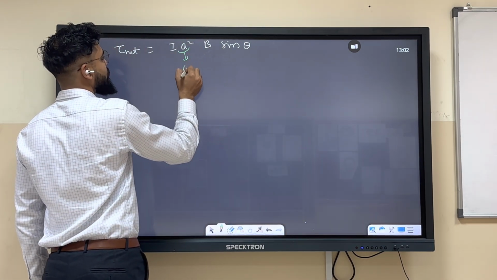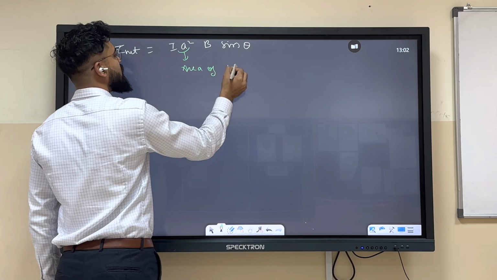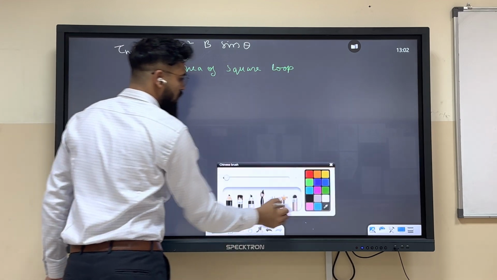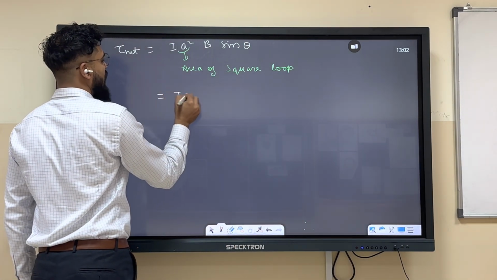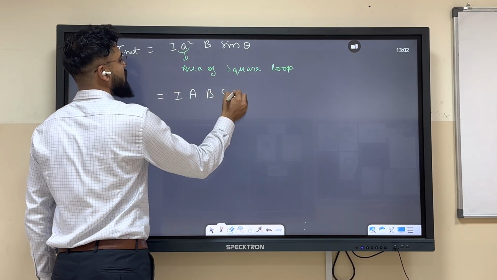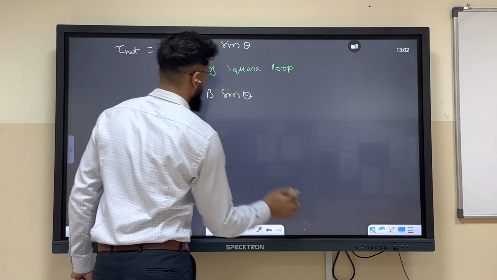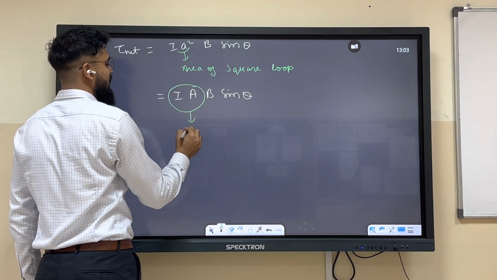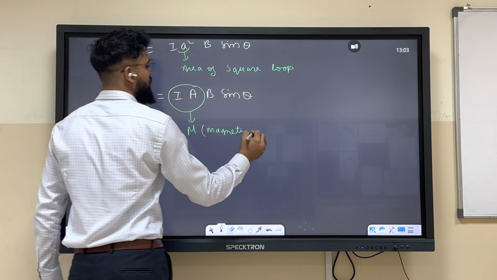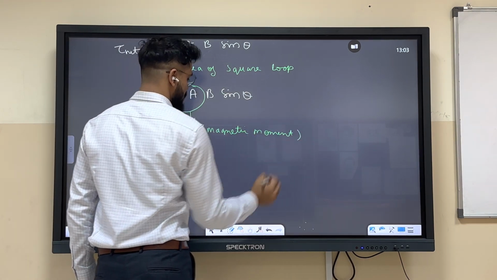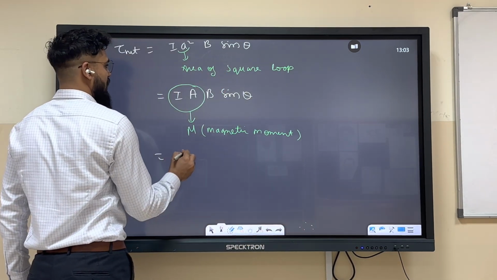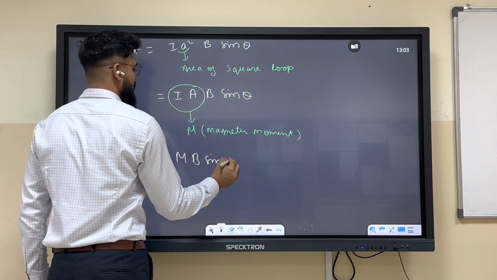This is area of square loop. Correct? So you can also write it like this: I A B sin theta. Now I A can be written as magnetic moment. ठीक है, तो आपने लिख दिया इसको M B sin theta. ठीक है.